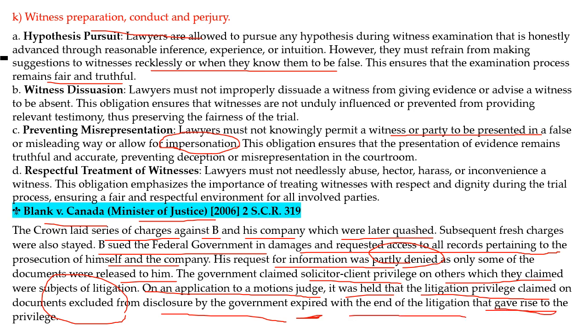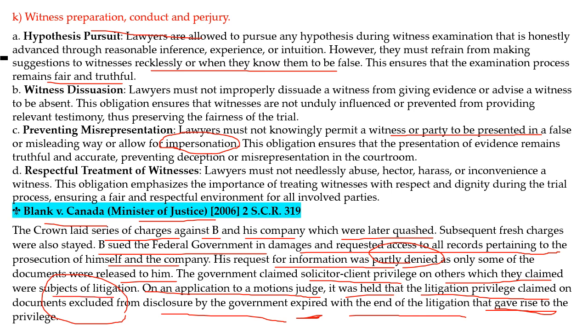So now there is no litigation anymore. Therefore, the privilege claimed over the documents that the government excluded and did not disclose does not stand valid, as the documents are no more subjects of litigation.